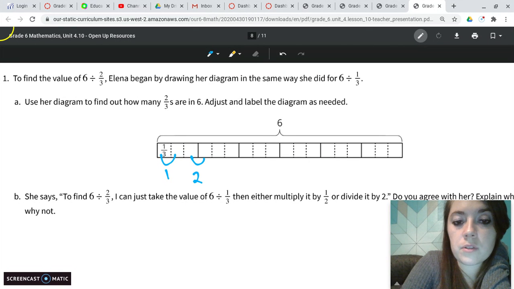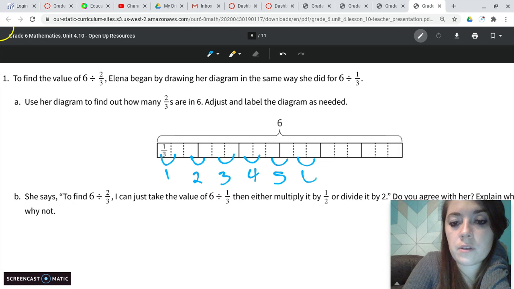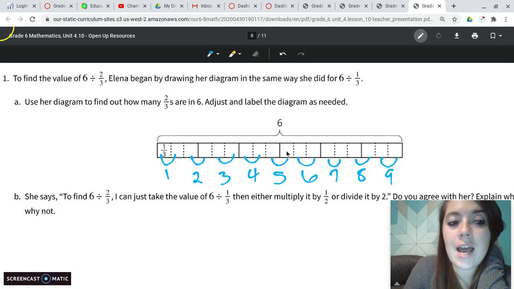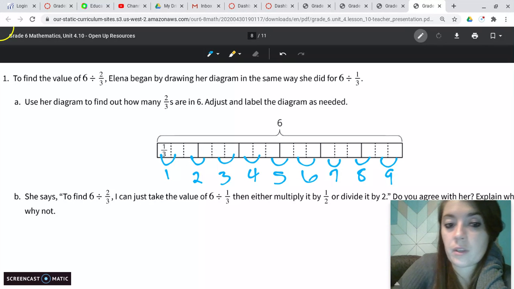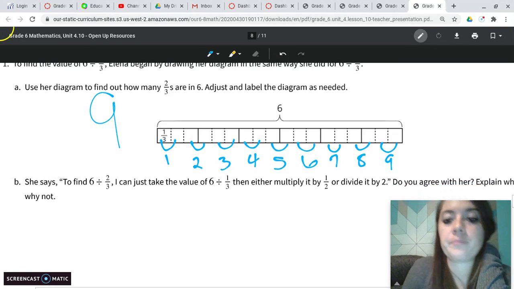These two is also 2/3, 2/3, 2/3, 2/3, 2/3, 2/3, and 2/3. So there are 9 groups of 2/3. So it would be 9.